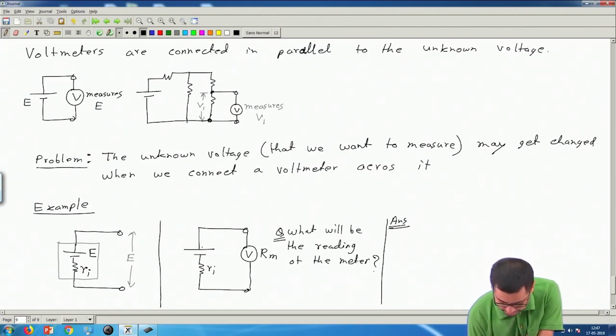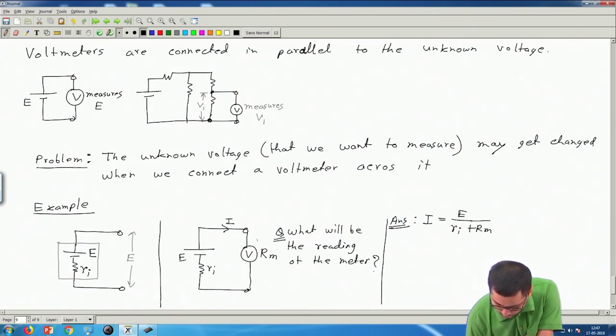If I connect this voltmeter, then the current that flows in this circuit, I, is given by E divided by Ri, the internal resistance of this source battery, plus Rm.